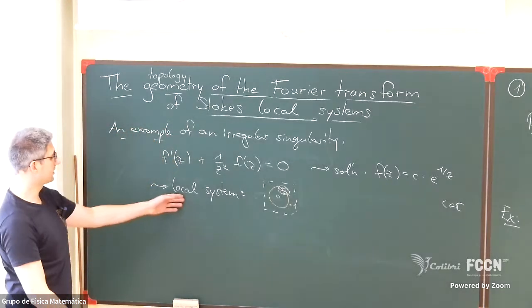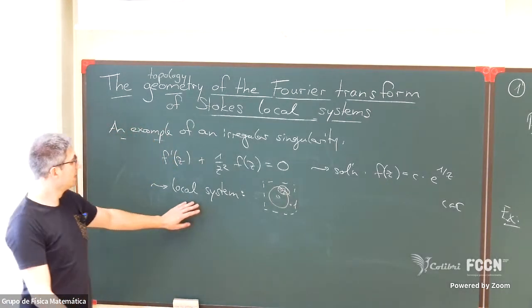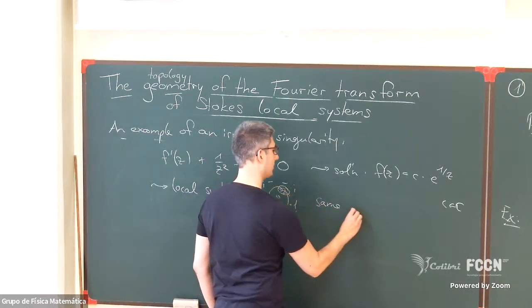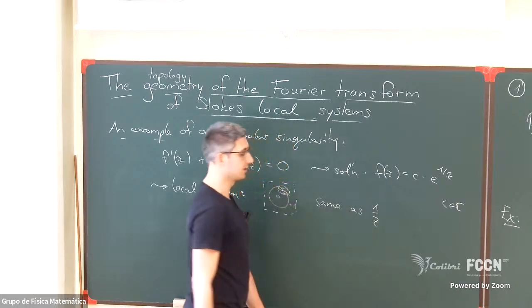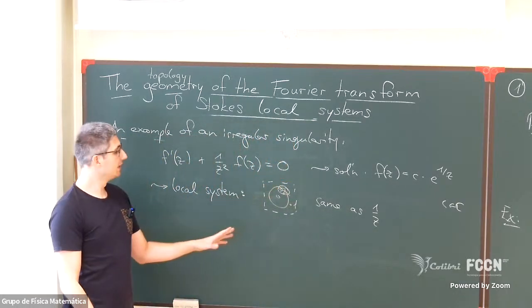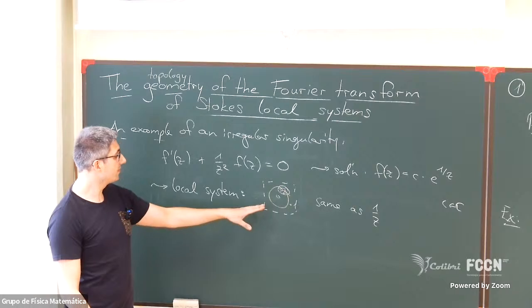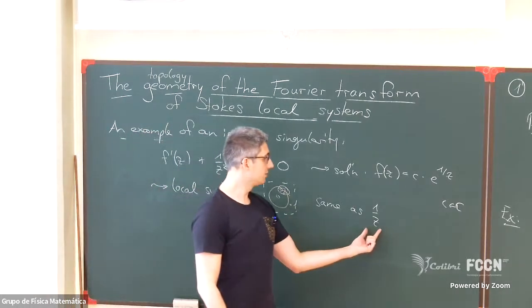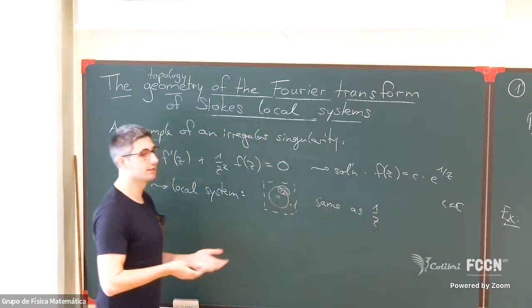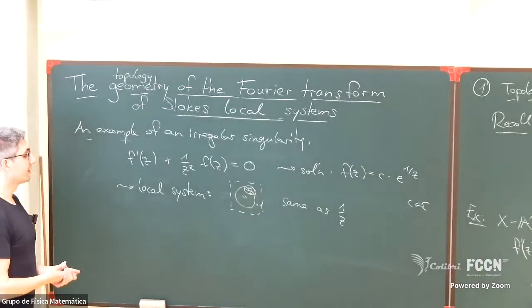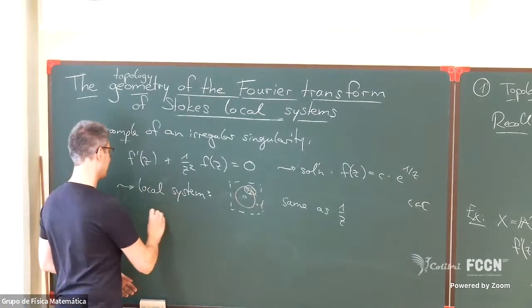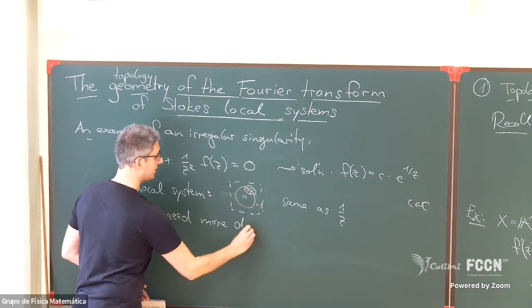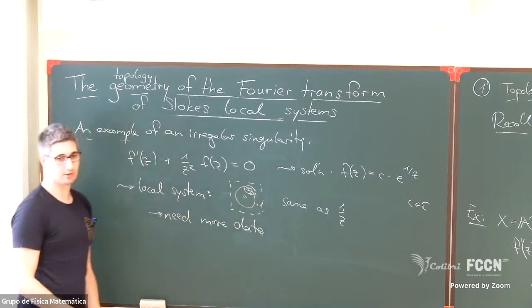So this local system exists, but you see that it would be the same as the local system for just the function 1 over z without the exponential. So somehow there is no way just by looking at the local system to distinguish this regular and this irregular thing. So to describe irregular meromorphic connections, it seems like you need some more data than just the local system of solutions.